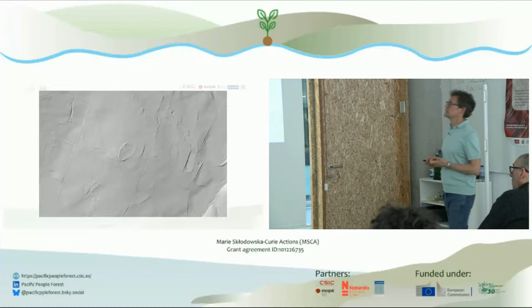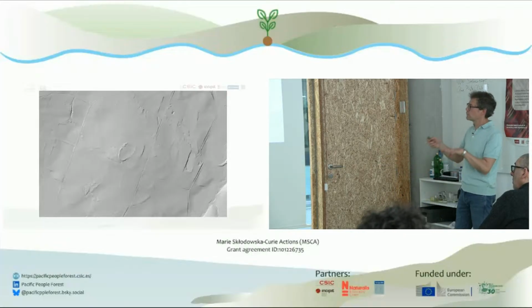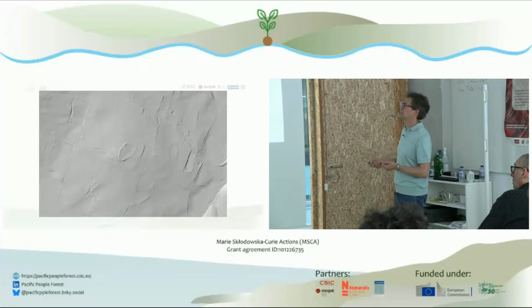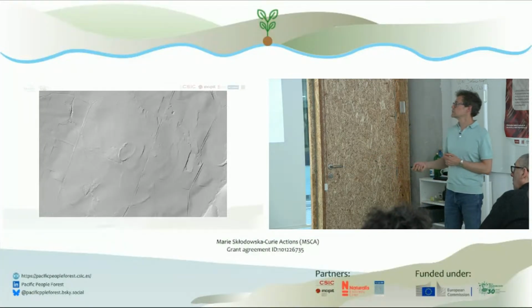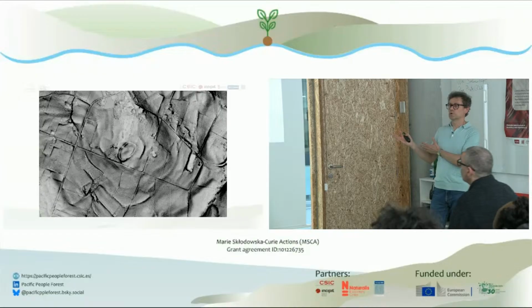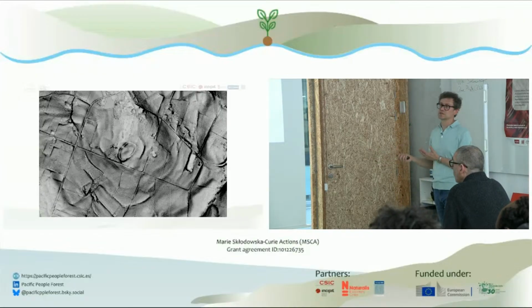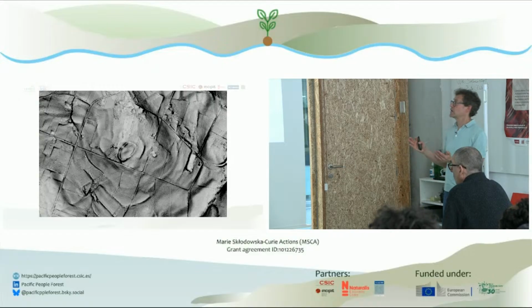The good thing is that LiDAR data can be processed in different ways, and you can use different visualizations to highlight topographic variations that otherwise might be unnoticed, like this visualization here, which is called a sky view factor map, which gives you a very different image of this particular topography and highlights, in this case, the existence of lots of artificial modifications in this landscape that probably, when you walk on this area, will remain unnoticed because they have been very flattened out by modern cultivation, but they are still there.